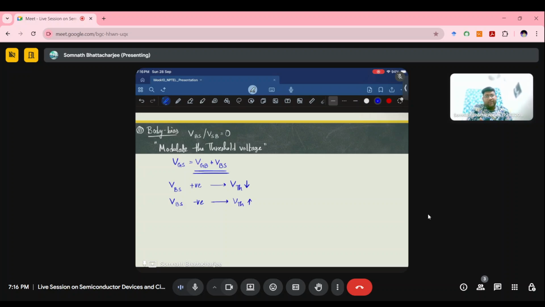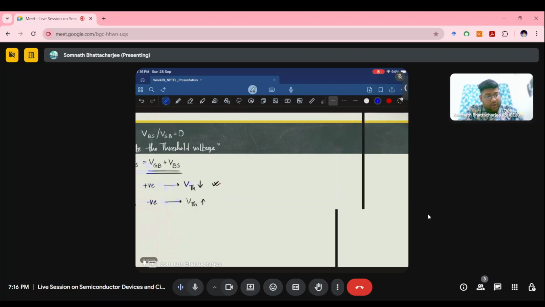In most cases we need a very low VTH. So it is good to know that if we increase VBS, that is VB minus VS, by increasing the VB value or decreasing the VS value, we can decrease the threshold voltage as well.